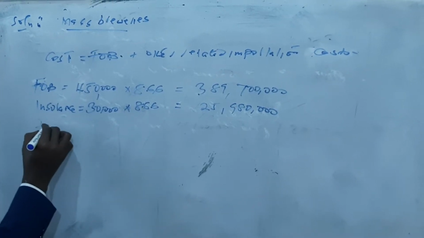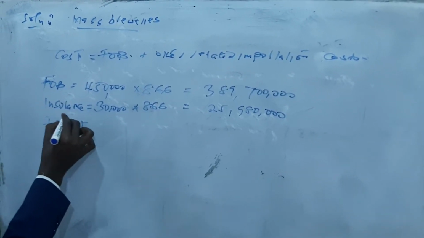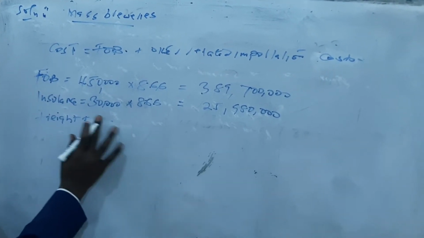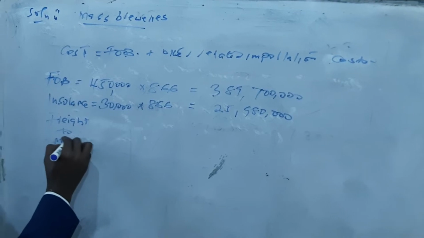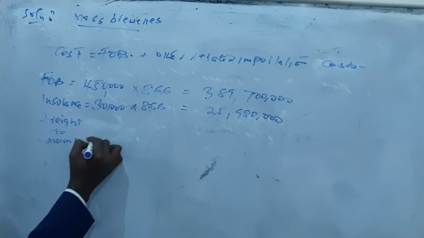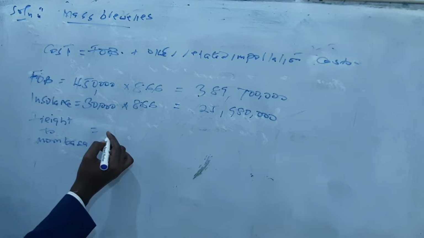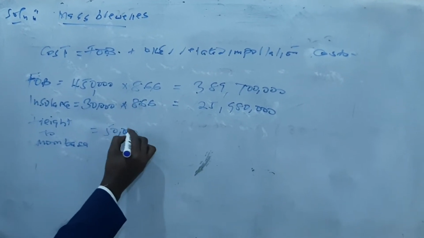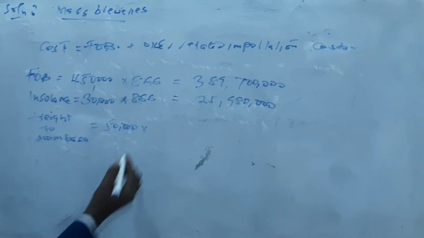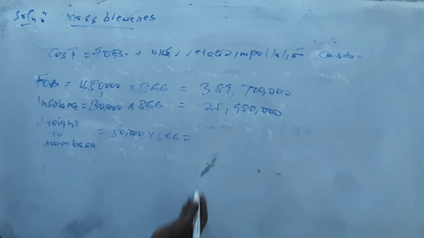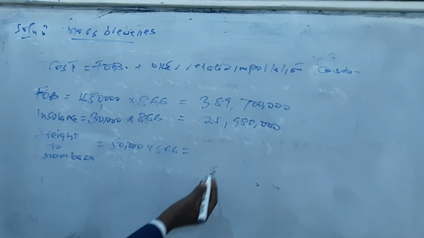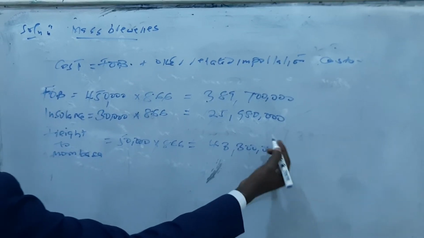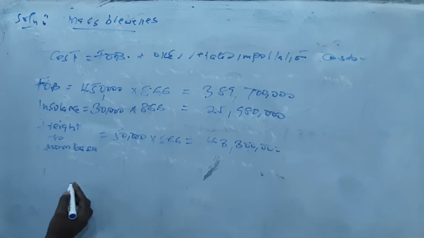So we have the freight to Mombasa. Freight to Mombasa is 50,000 times 866 again, which gives me 43 million 300 thousand Rwanda francs.